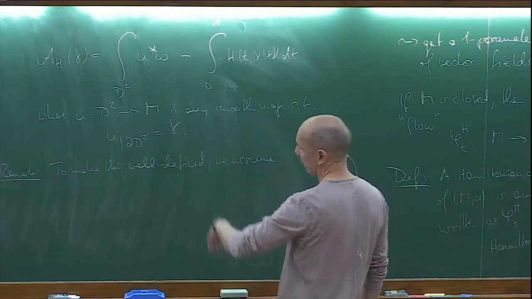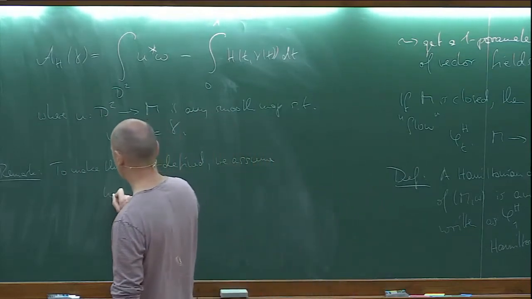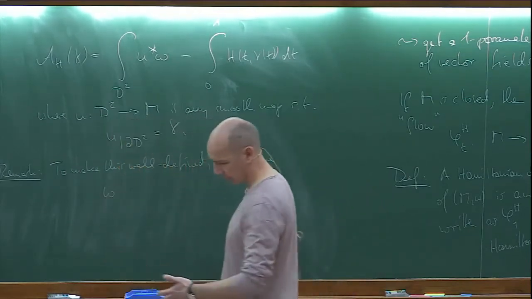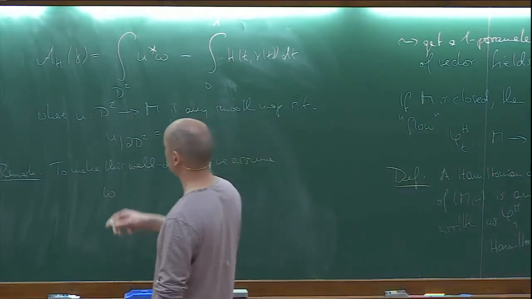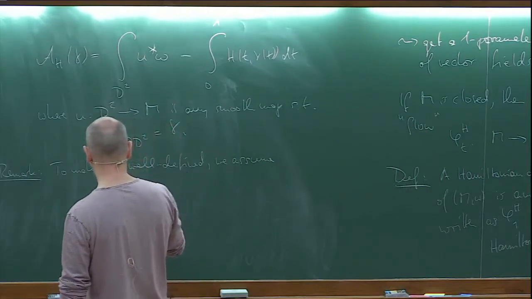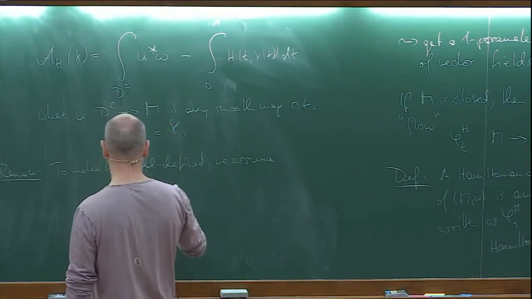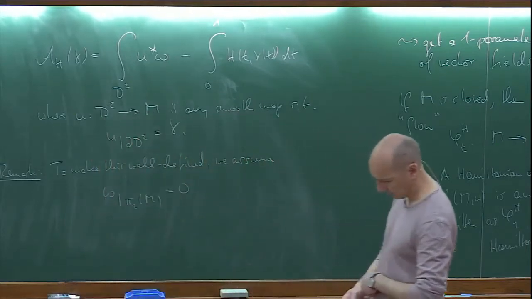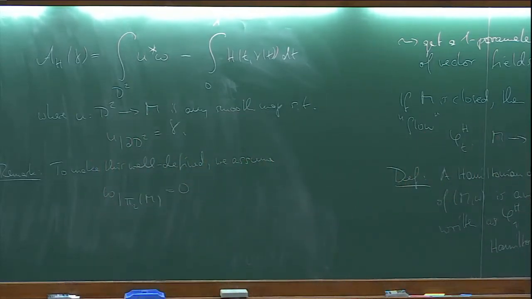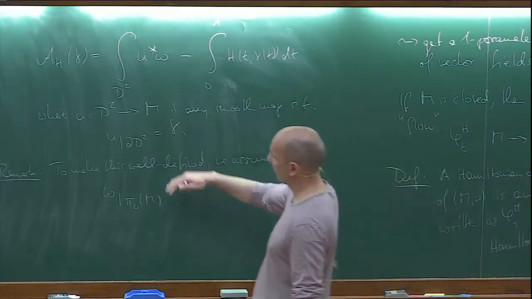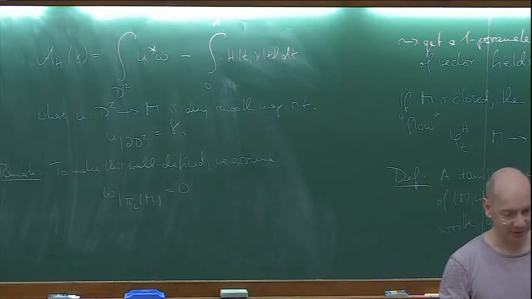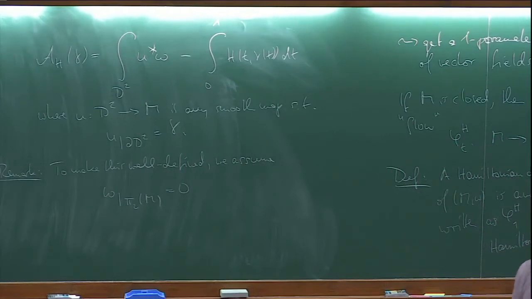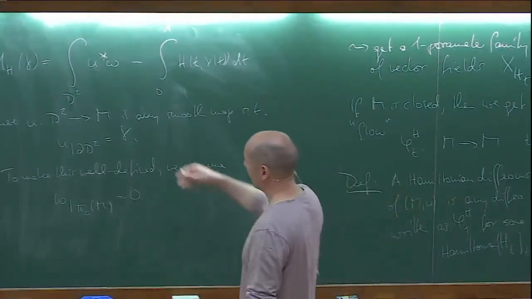To make this really well defined, we assume that the symplectic form vanishes on the image of any sphere, just a smooth sphere inside M. So omega on pi_2 of M should be 0, meaning that whenever I have a map from a sphere into my manifold, I pull back the symplectic form, I integrate, I get 0. And once I have this, then if you choose a disk and I choose a disk, one of us has to reverse the orientation, then we can glue them together to a sphere, and we get 0. So then we see that our values have to agree, and this is a well-defined function.